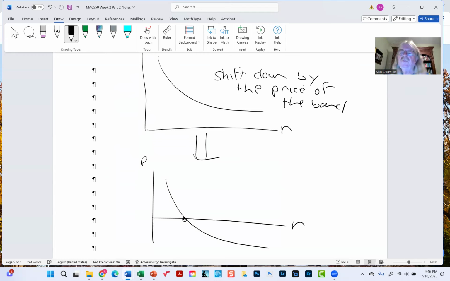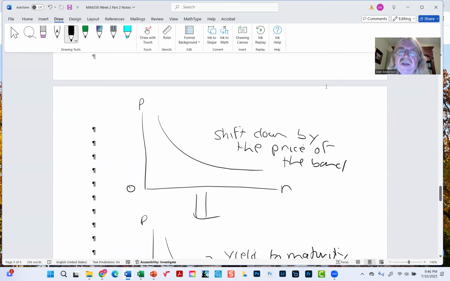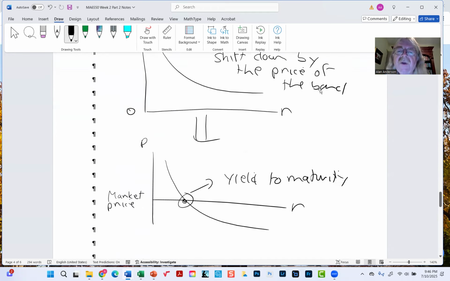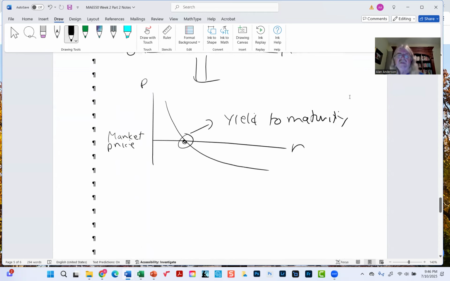And right here is what we're looking for. Okay, what you're seeing right there, instead of a zero here, we have the market price, and this is the bond's yield to maturity. So in other words, in order to use the technique we're about to use, you can't just apply it directly to the original price yield curve. We have to have an area where it's positive, where it's negative. So this is how it's done.